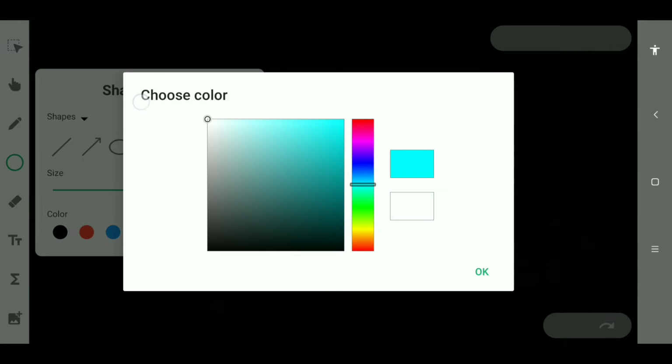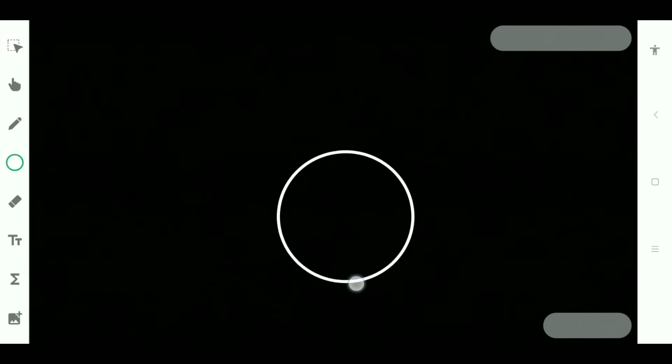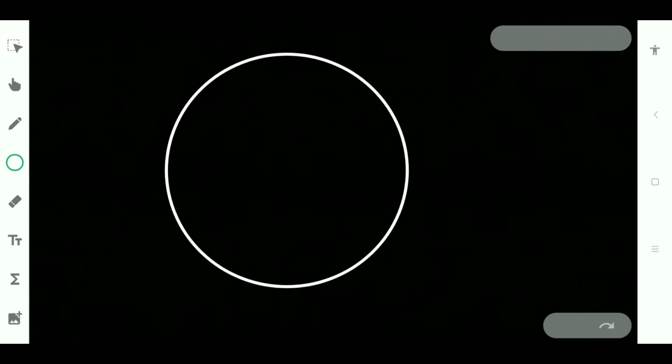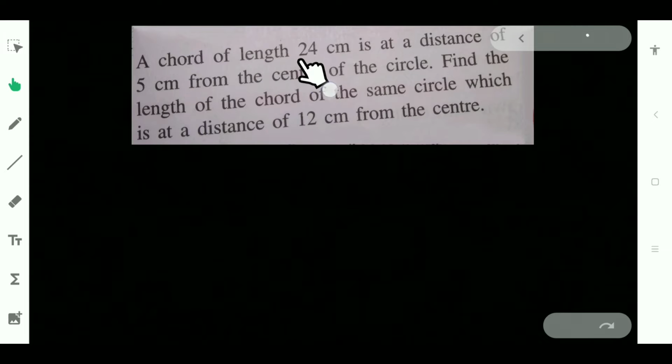So let us draw a circle. We have a circle over here, and a chord. Let us name the chord AB. This chord AB is 24 cm as per the given question. A chord of length 24 cm is at a distance of 5 cm from the center of the circle.